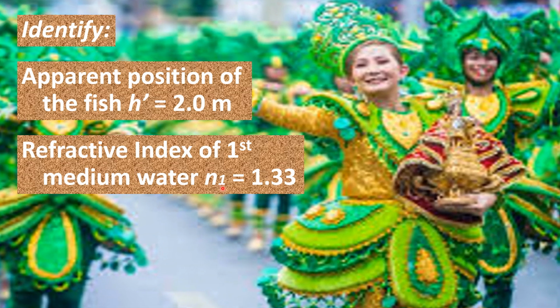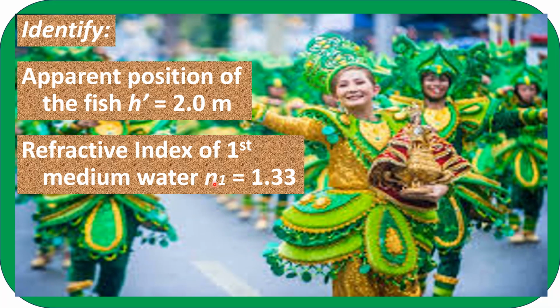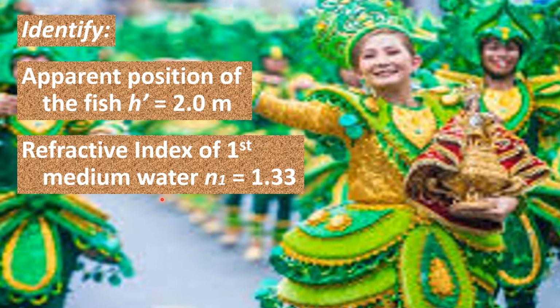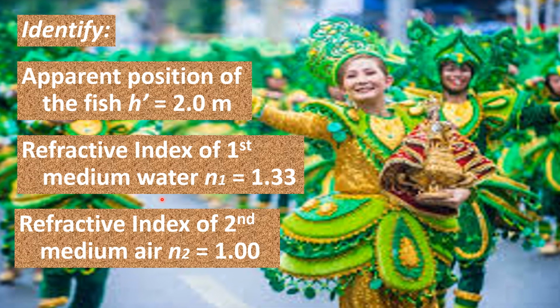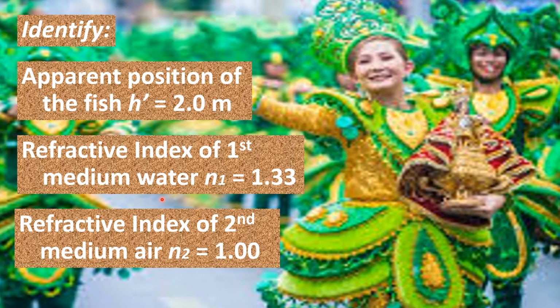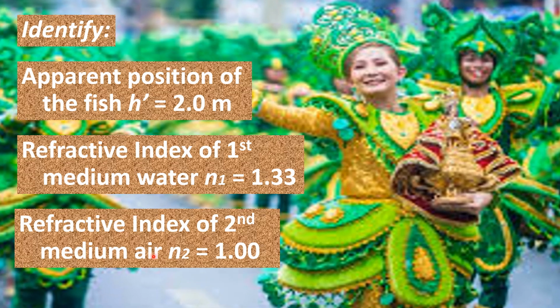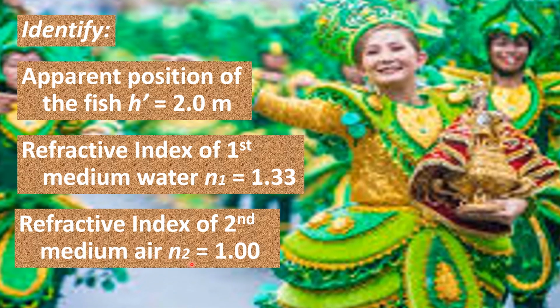That index of refraction of water is denoted by n sub 1. We also have the refractive index of the second medium, which is air, denoted by n sub 2, that is equal to 1.00.